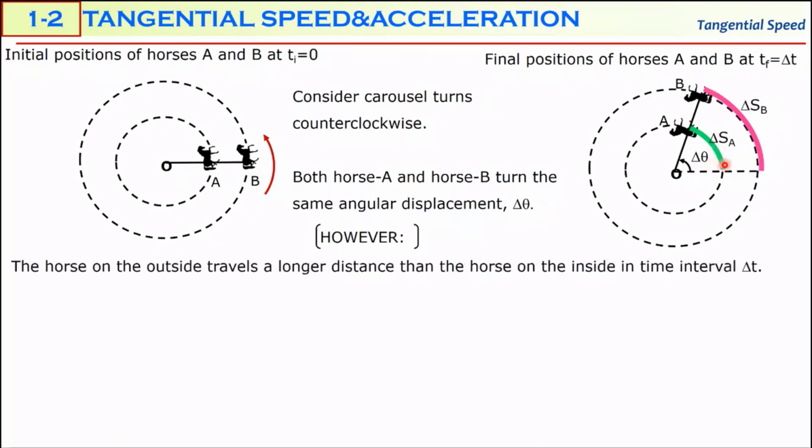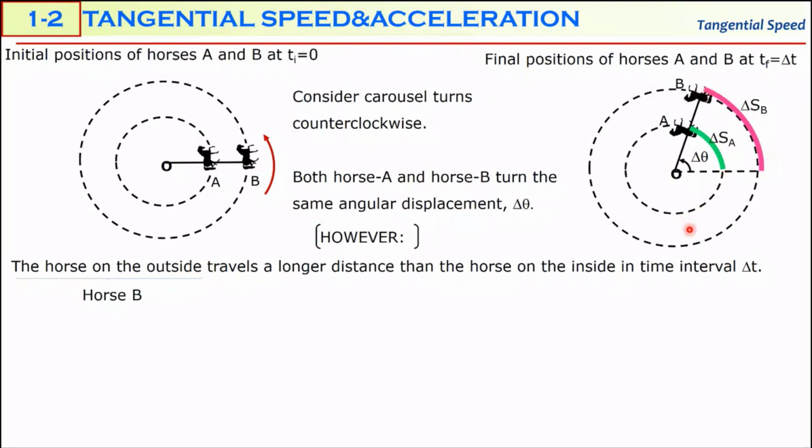So generally, the horse on the outside travels a longer distance than the horse on the inside. The horse on the outside will travel a longer distance than the horse on the inside in the same time interval, delta t. The horse on the outside is B in this figure.